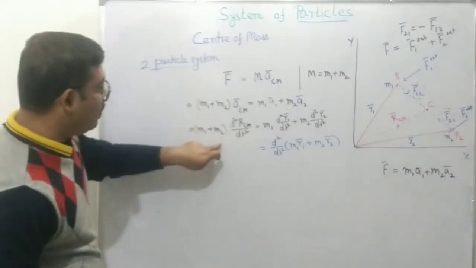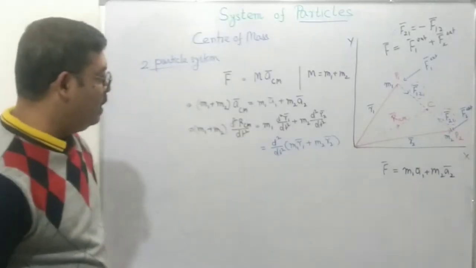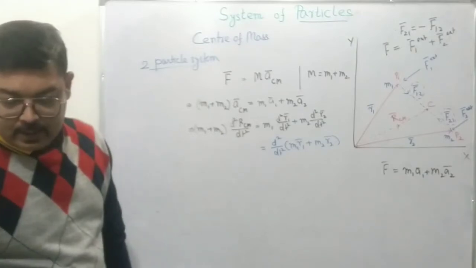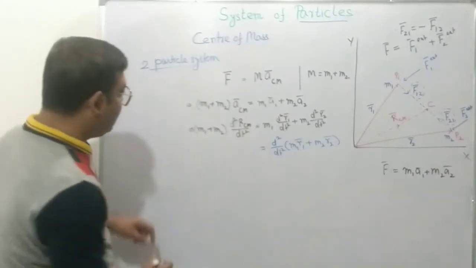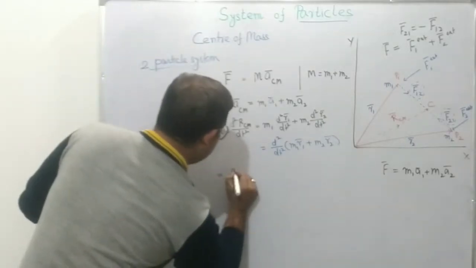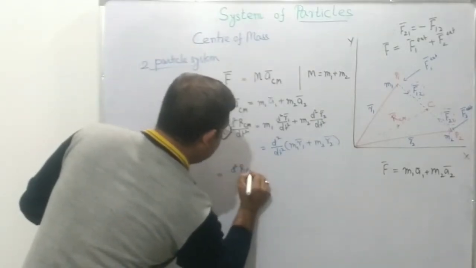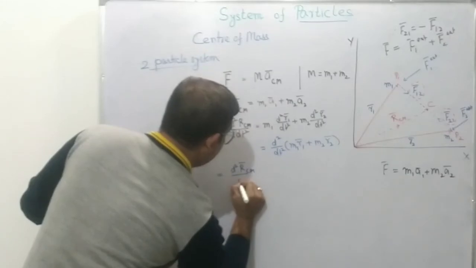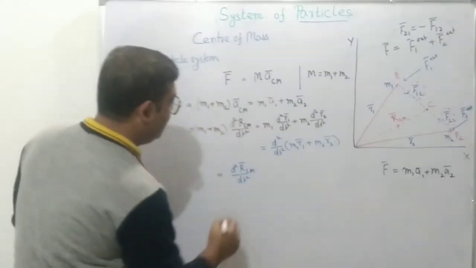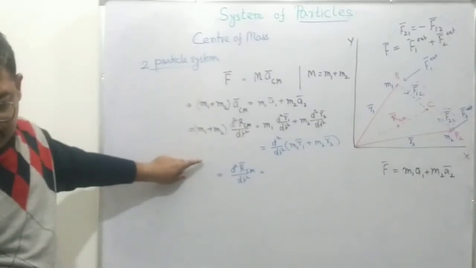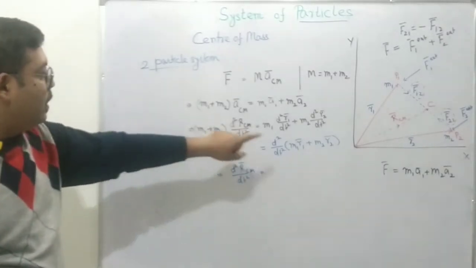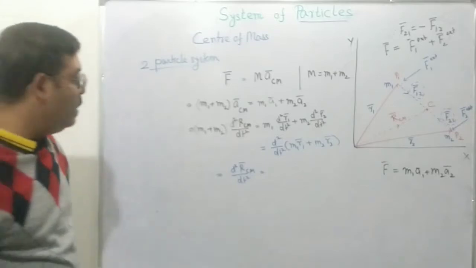So if you consider left hand and right hand side, we get d square RCM by dt square must be equal to, we can take this to the right hand side, it will go to the denominator.